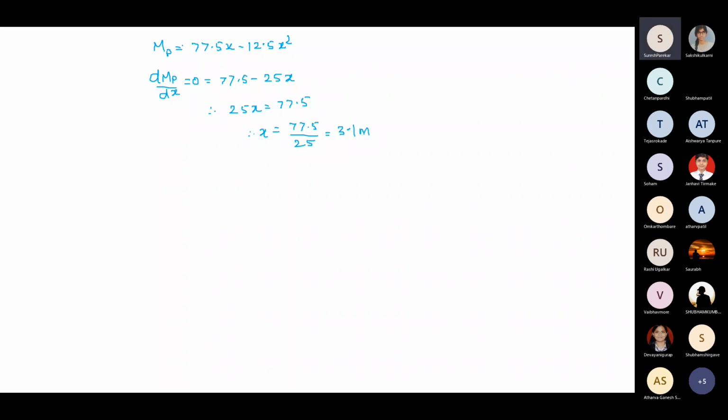And then substitute the values in this equation. MP is equal to 77.5 into 3.1 minus 12.5 into 3.1 squared.